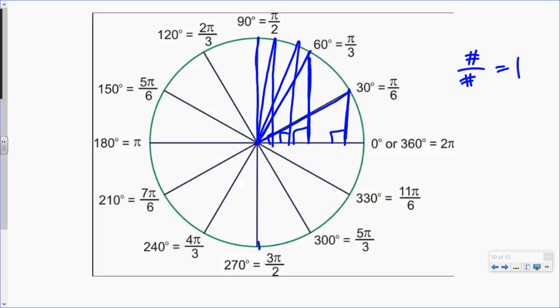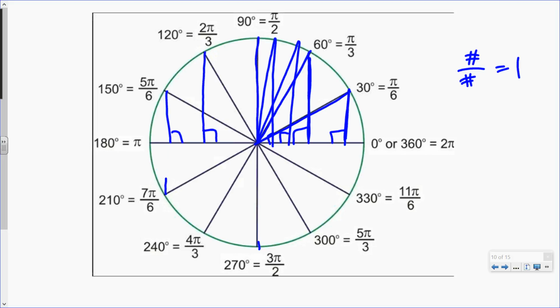So it'd be the same number over the same number, the sine, opposite over hypotenuse. And look over here, 120 degrees. We use this side, so the sine would be this over the hypotenuse again. At 150 degrees, this over the hypotenuse.